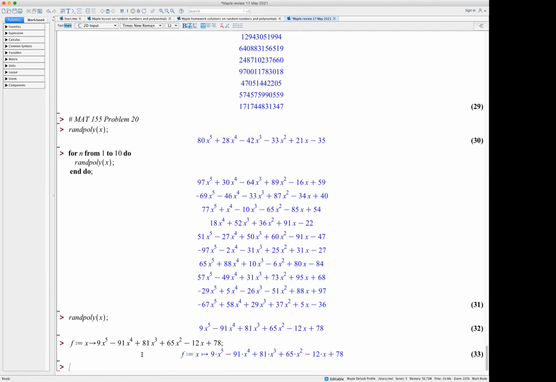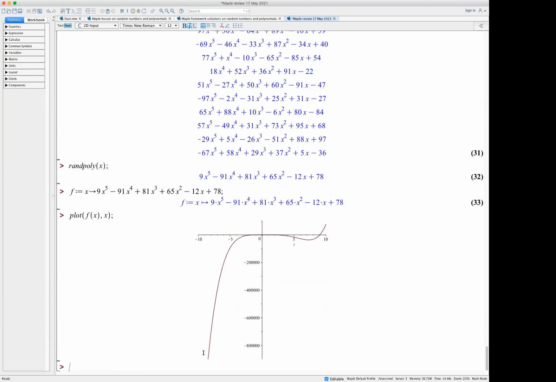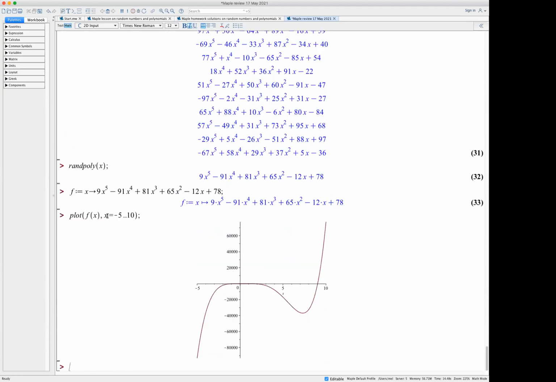So now I generated a random polynomial, and I want to find its relative maxima, relative minima, and so forth. Just because I'm always curious, let's see what the plot of this function looks like. Looks like that. This is already down to 800,000, so maybe I'll just graph it from -5 to 10.